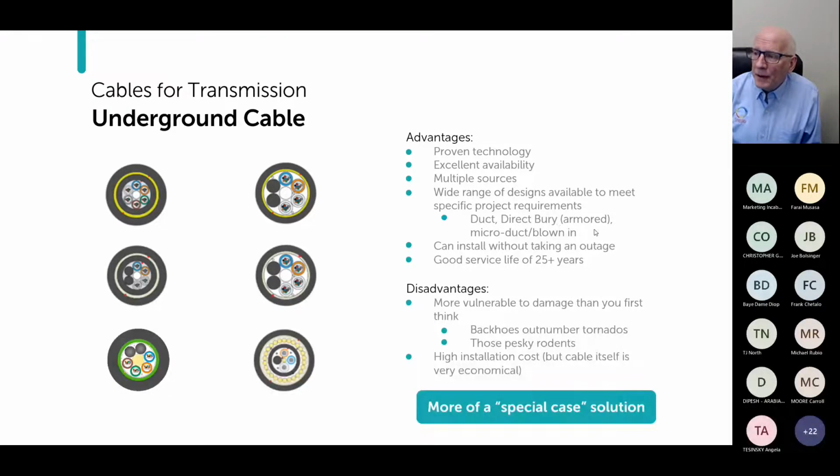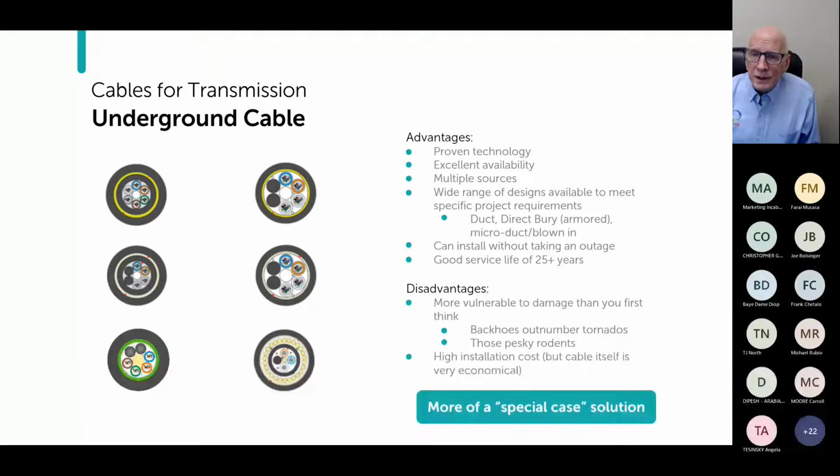Although under a transmission line, you got to be careful about armor. If it's metal, it can pick up an induced voltage and current, but there's also non-metallic armor that's available. You've got microduct cables and blown-in types of cables. You got a lot of possibilities, and these can be installed without taking an outage. You get a good service life, again, on the order of what you see for ADSS.